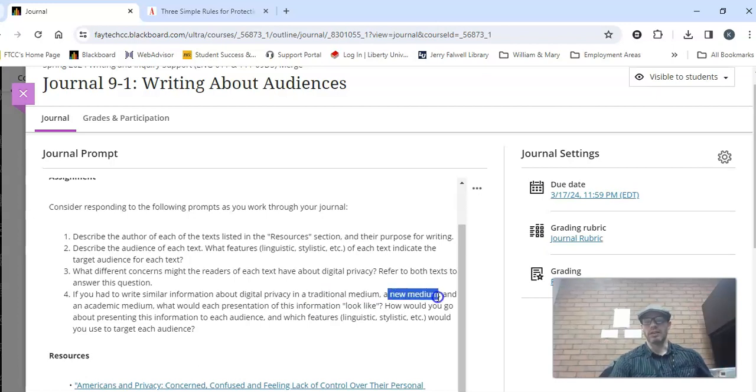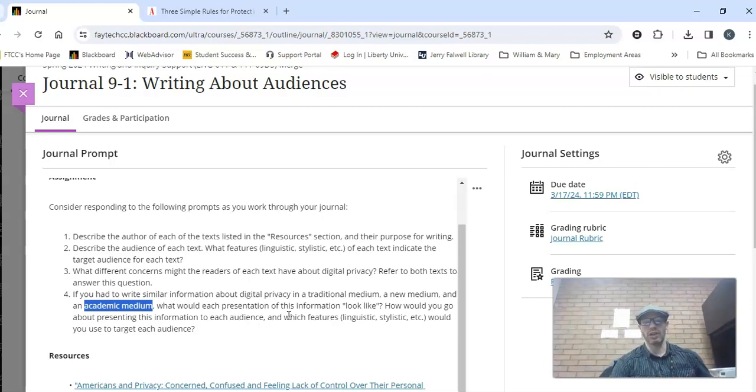New media is going to be things like TikTok videos, the YouTube video kind of movement, social media, and academic mediums, or the academic medium. There's essentially one, which is scholarly published articles. They actually type these studies that they do into scholarly articles that get published in academic journals, and those journals are published both physically in paper that you can get in texts, and also they're put online.